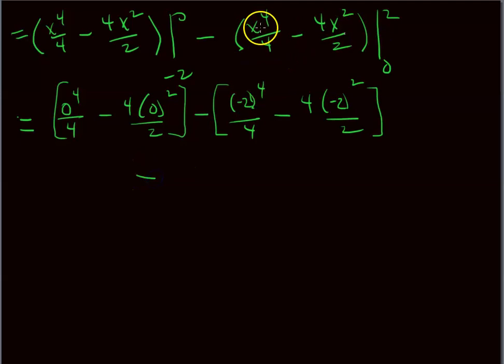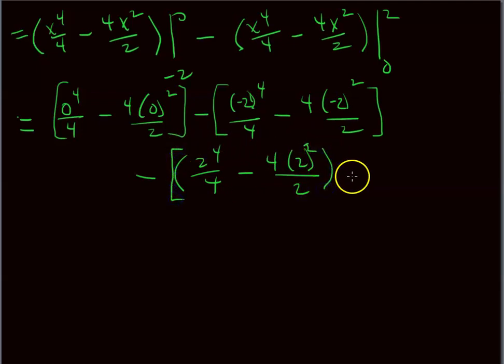Now you plug in a 2 at the top. The 2 to the 4th over 4 minus 4 times 2 squared over 2. And I'm going to put that minus outside here.